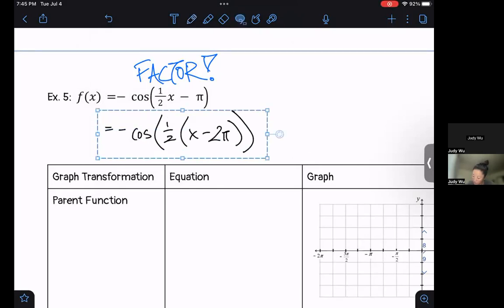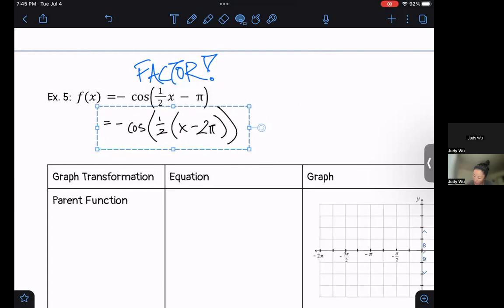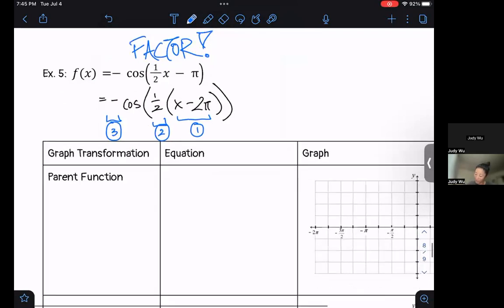Now let me squeeze this in a little bit smaller and move that up so that we can label which one comes first, which one comes second, which one comes third. So our horizontal shift, we're not squeezing it in this time, but we're actually pulling things out twice as far, okay? And then we finish off with a vertical reflection. All right, let's get started.